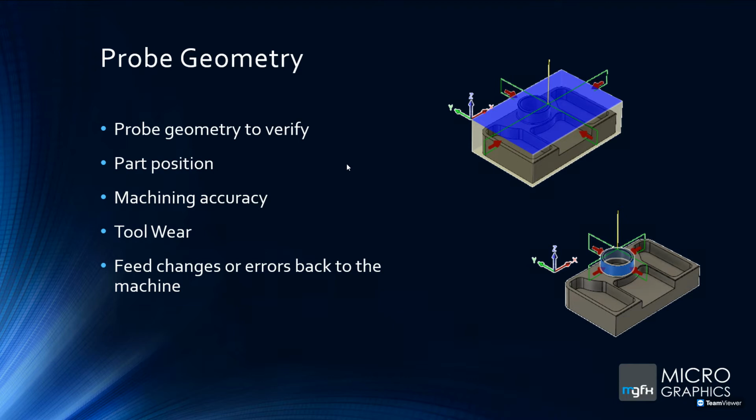And we'll have a look at the options in a short demo on what you can do once the position has been probed. Alternatively, you can check for machining accuracy. So on the bottom right-hand side, that image there is checking the outside diameter of that boss, and it will check the dimensions and check the accuracy to see if you're within or out of tolerance.